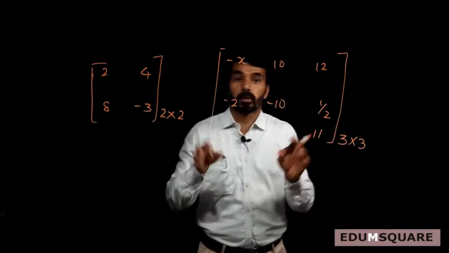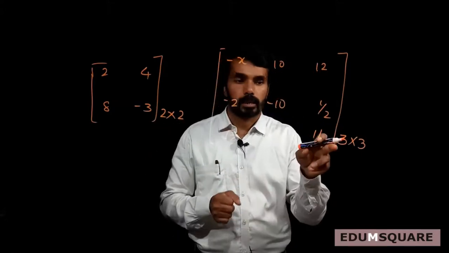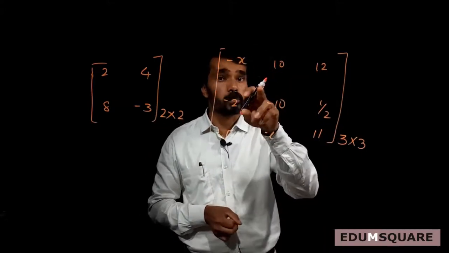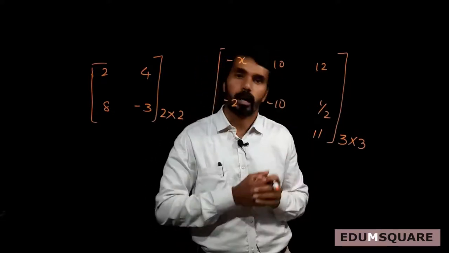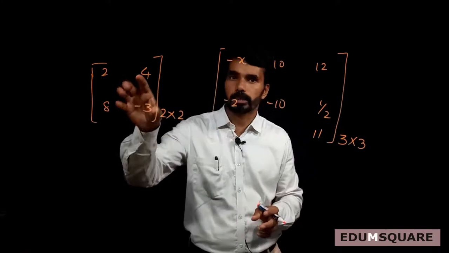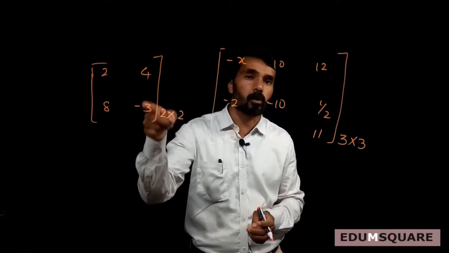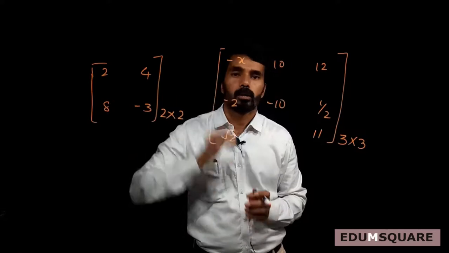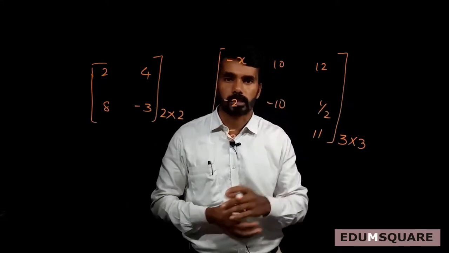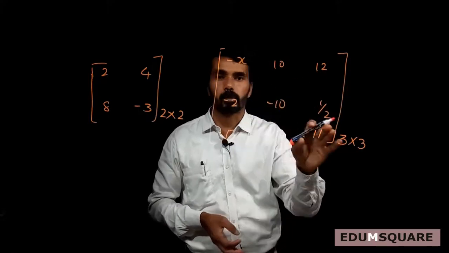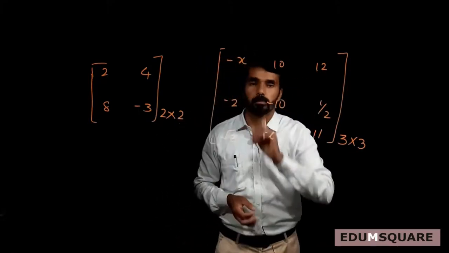From both these matrices, we see that the number of rows and the number of columns are equal. Here, 3 rows and 3 columns are there. So the number of rows and number of columns are equal in both matrices.